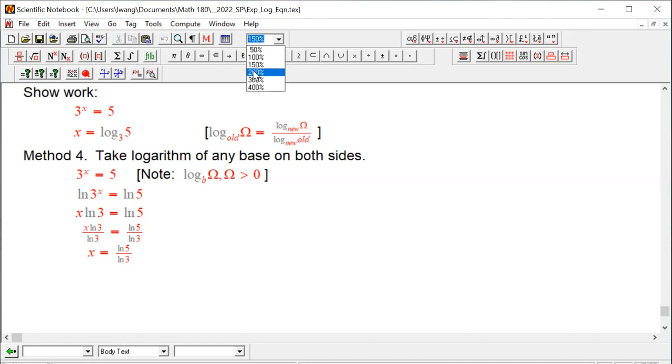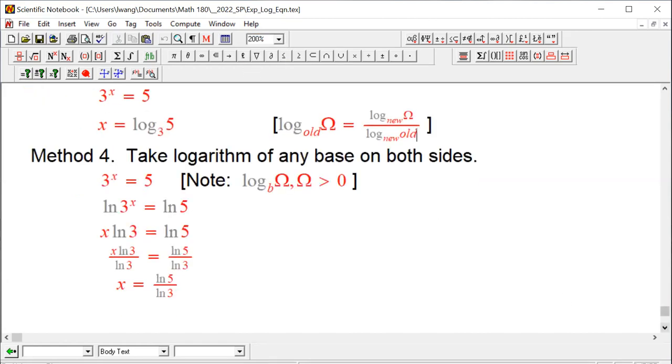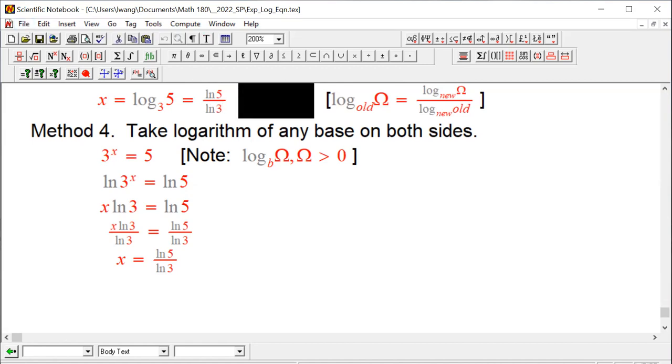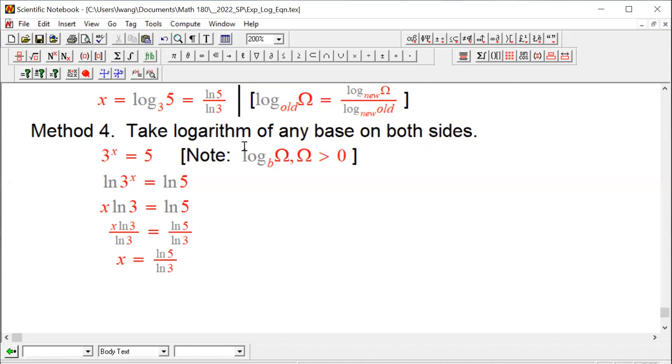I just make it larger for you. So using this change of base formula, if I choose base e as our new base, I will have ln 5 divided by ln 3. So they are actually the same answer. Okay, so this is for number 2.